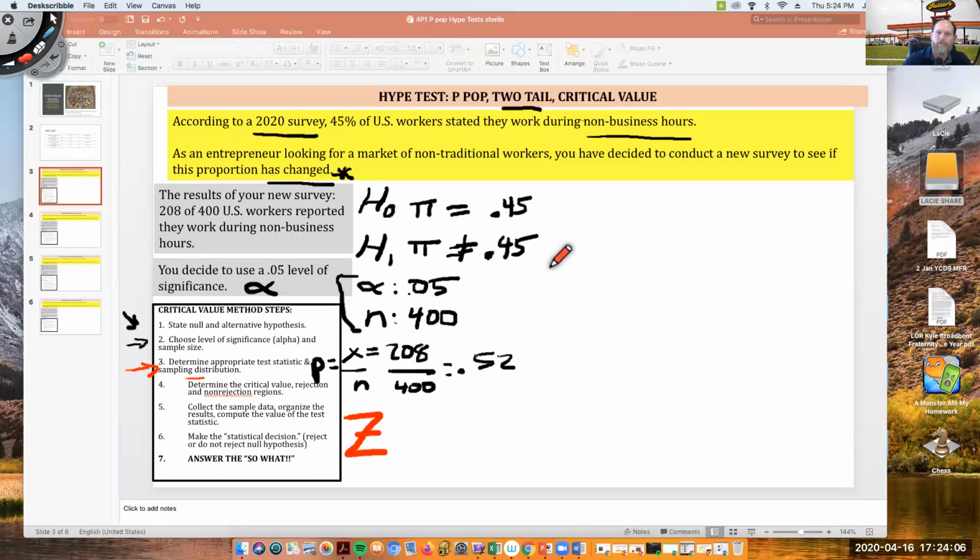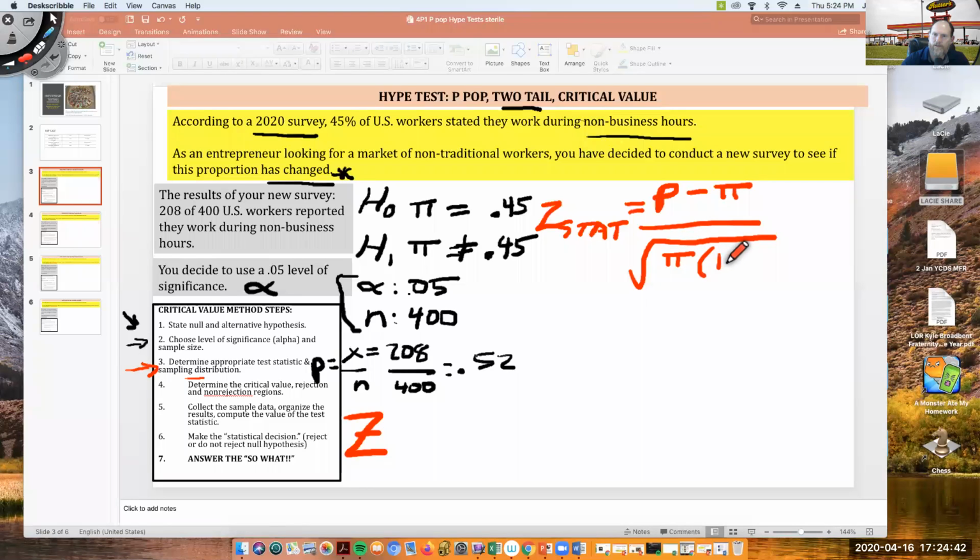I don't really. But so now the statistic, all right? This actually is a formula that's familiar to us. We're just going to call it the Z stat. And I'm not making up that name, but it's an old friendly formula. And that is the sample P minus the proportion of the population over the square root of the proportion of the population times 1 minus the proportion of the population over the sample size.